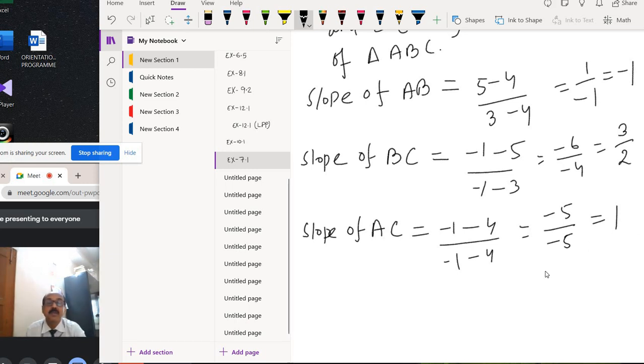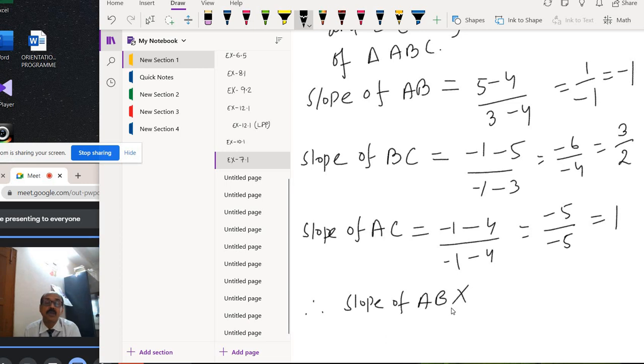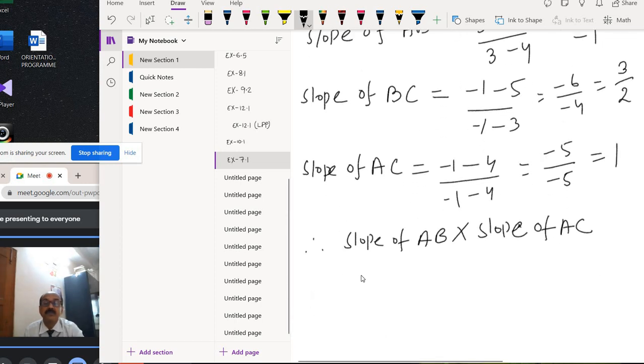Now you see the slope of AB and AC. The product is minus 1 into 1, which equals minus 1. Therefore slope of AB into slope of AC equals minus 1.